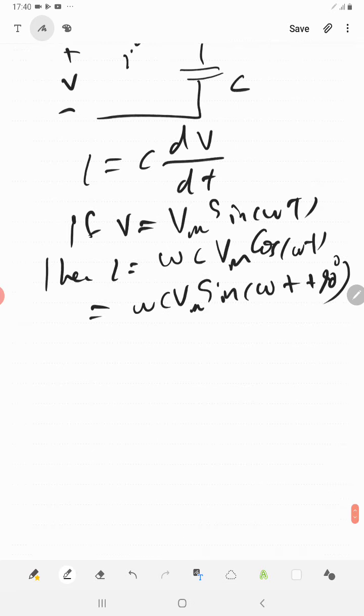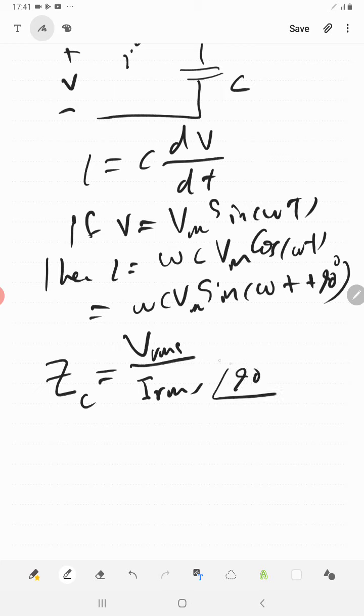Now, if we compare V and I, what is ZC equal to? V RMS divided by I RMS. The angle of I RMS is 90 degrees. The angle of V is 0.